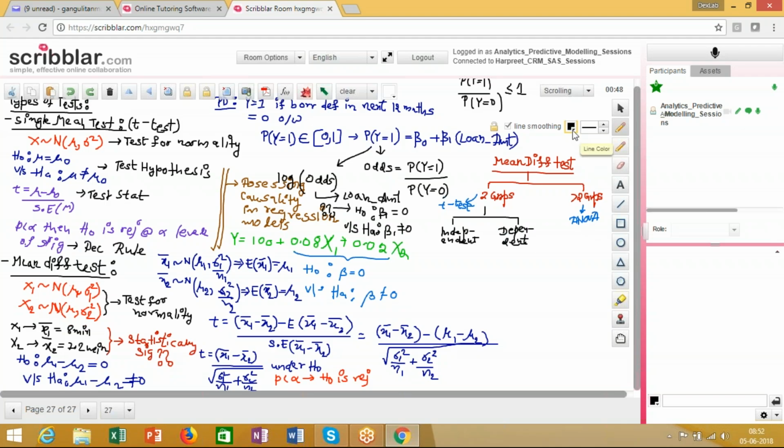The test that we generally look into for ANOVA is the F test. The F test is a very famous variance test. You compare the variance and try to identify the significance of the mean.